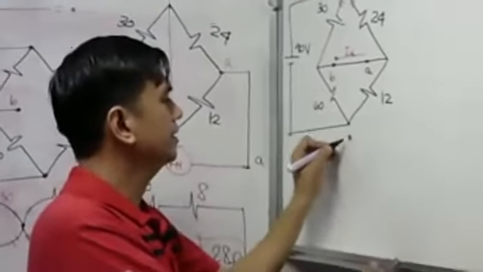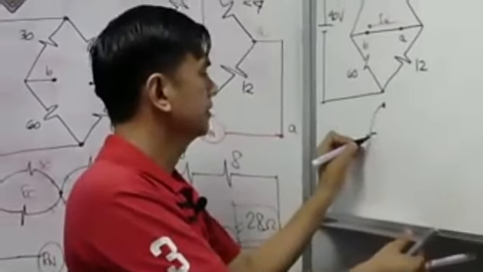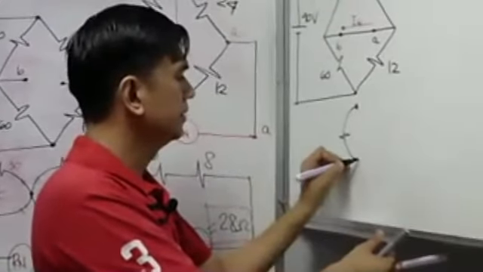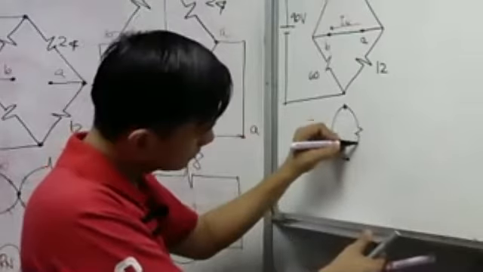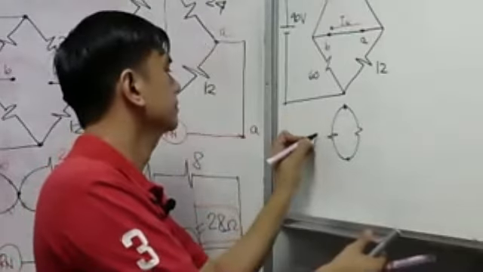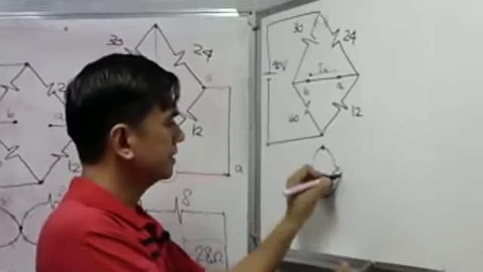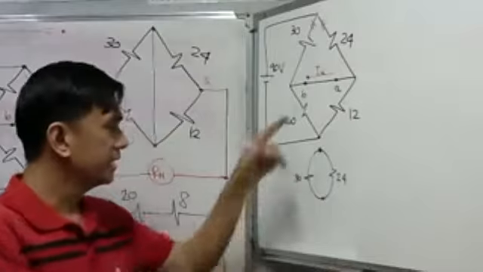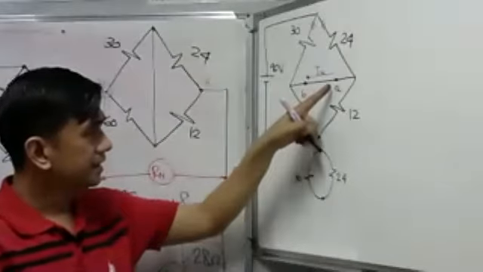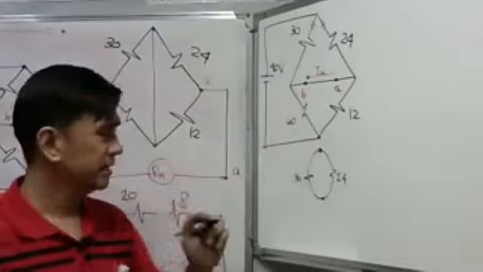As you see here, this will be the 30 ohms. This is the 30. This is the 24 ohm. This is AB. They are just one.